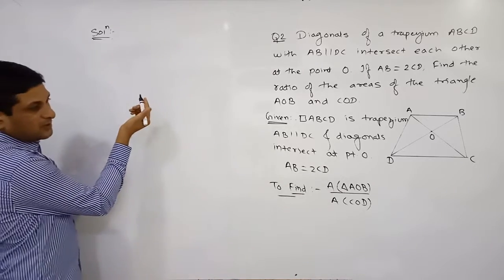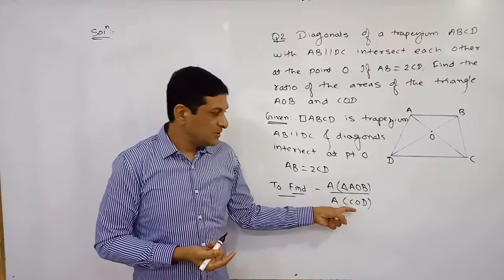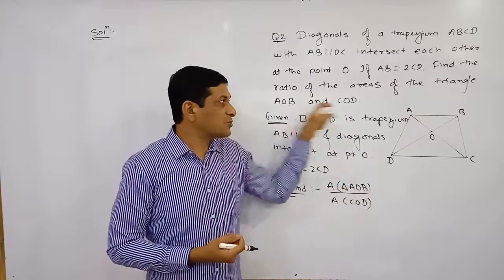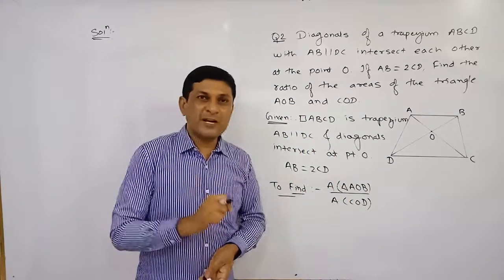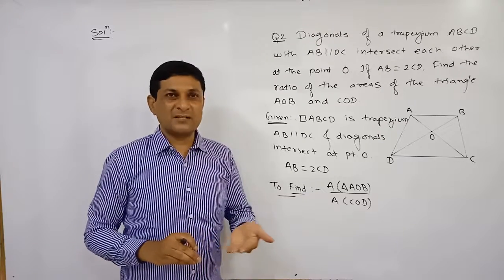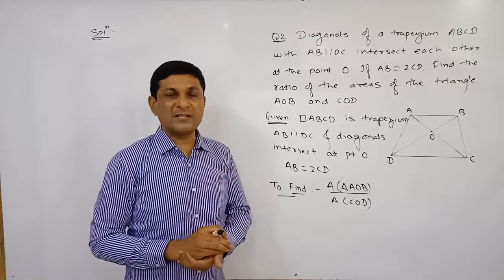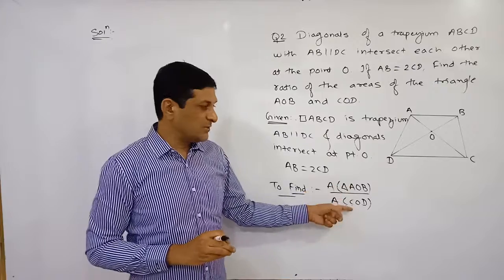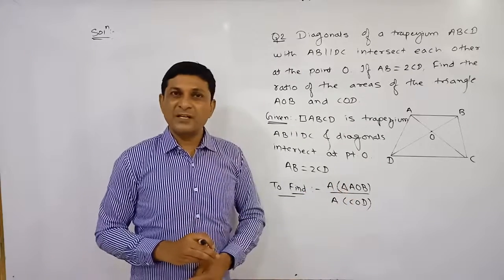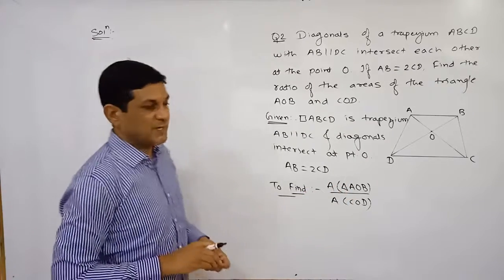Now to find out this ratio, we will first try to show that these two triangles are similar. If we are able to show that two triangles are similar, then we have one important result, that the ratio of area of two similar triangles is equal to the square of the ratio of corresponding sides.